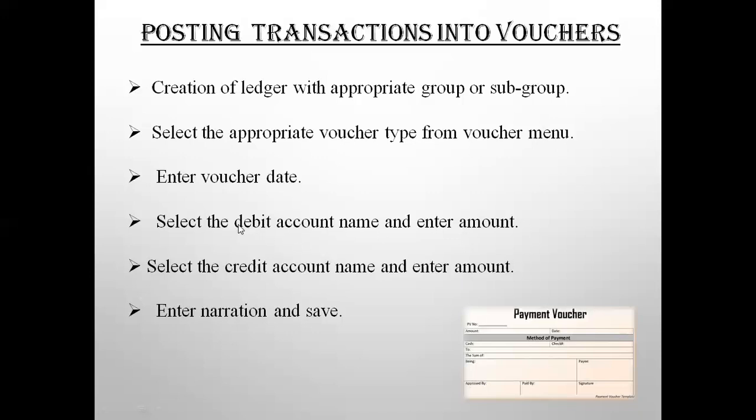So when you have entered one debit, automatically you will get the second debit side just to balance both the sides. So that is also adjustable. You can have two debits, two credits, three debits, any number of debit credit concepts on the voucher. So these are the steps for posting transactions into voucher.